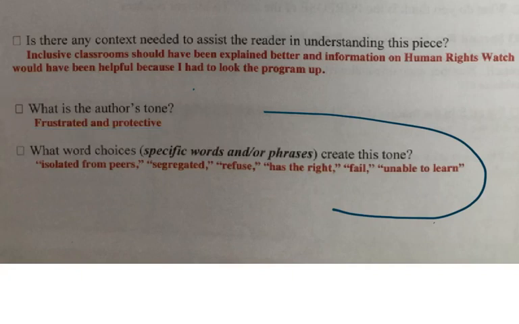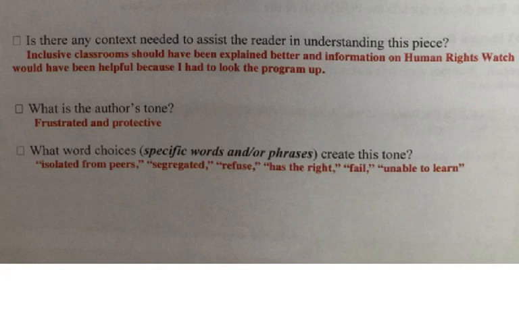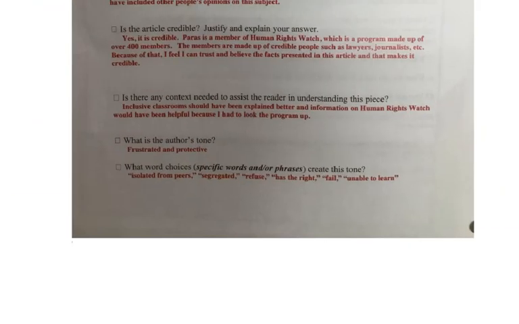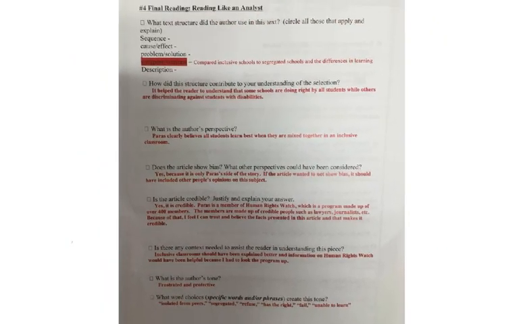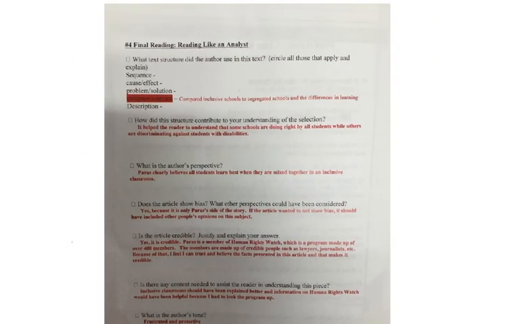And we have now completed a 4 read. This example will act as a model. So the next time when I ask you to get this paper out, the 4 reads article and paper, you will have something to look at to help guide you through the next time you have to answer all of these same questions.